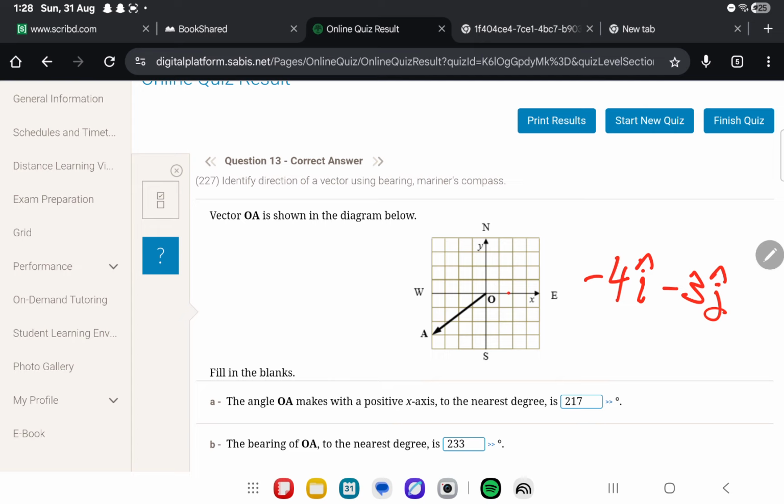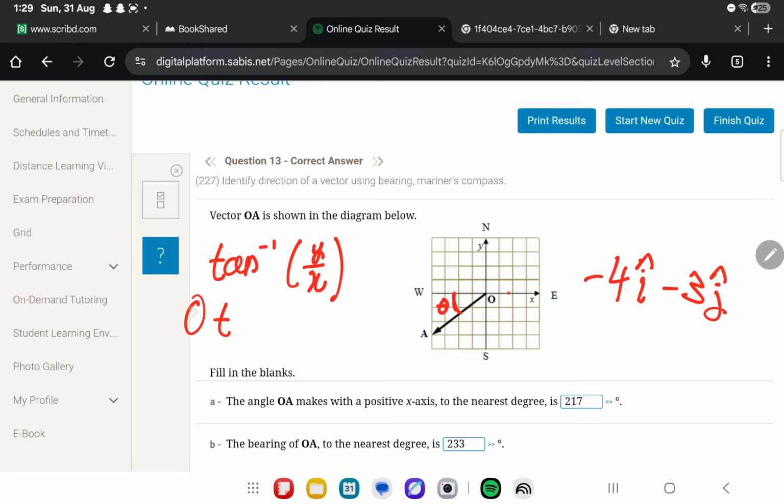Now, first of all, I want you to find the angle that it makes with the negative x-axis, just in case, because they might ask it in the computer part. So you want this. This is theta. How do you find it? You do tan inverse or arctan of y over x, so the coefficient of j over i.